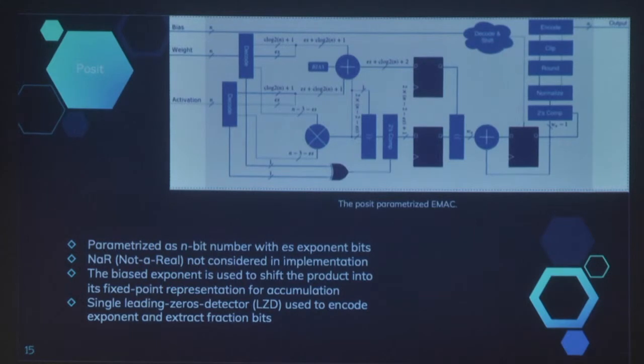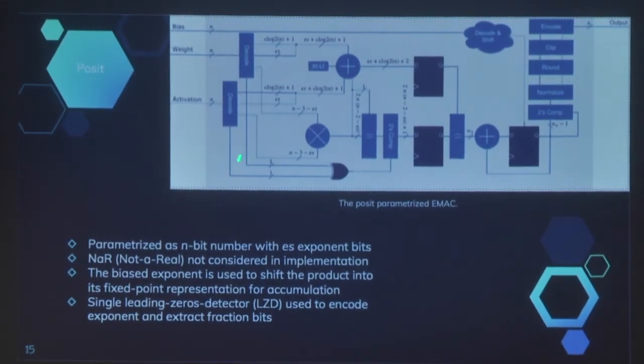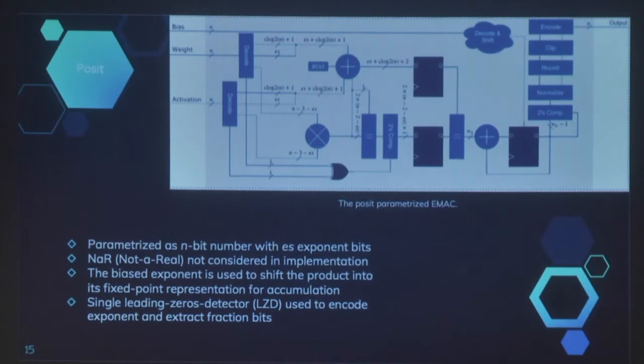And the posit parameterized EMAC again has the same 3 inputs: the bias, weight, and activation. And we are decoding them, and I'll talk about how we are decoding. And then doing the scaling with the log base 2 of the input. And again, in this case, we are not considering not-a-real because, similar to float, we do not see this in the DNN inference stage.